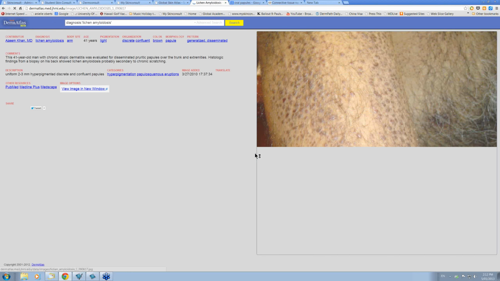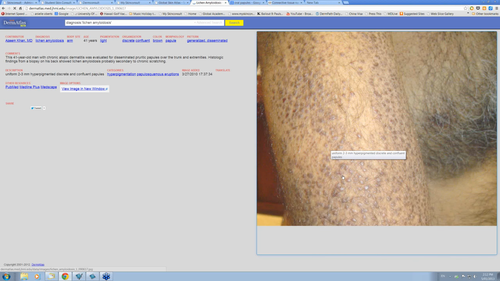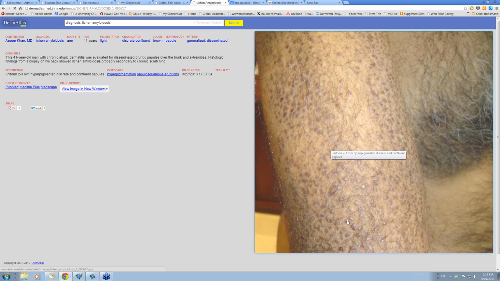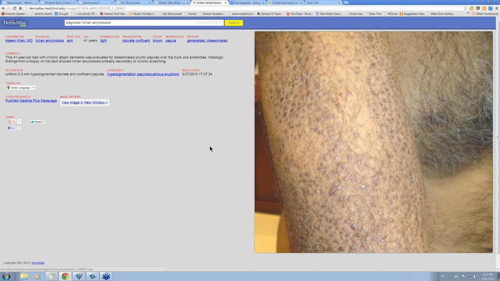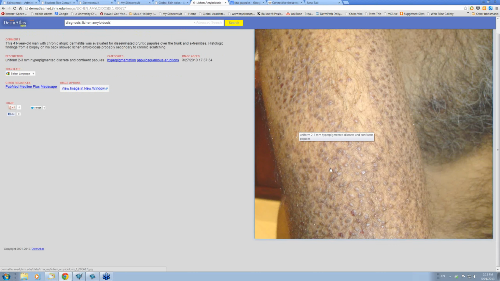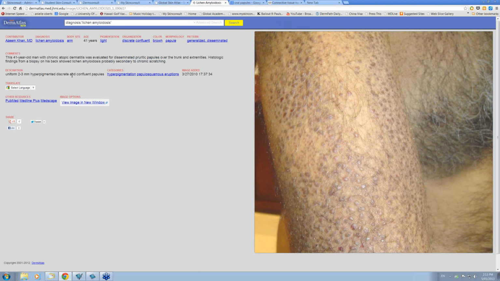You can see how the papules are brown, slightly scaly, quite discrete, and in general they're usually on the lower limbs. Where was this one? Well, the biopsy was done from his back. I'm not sure. I think it looks more like an arm that they're showing these lesions. So, lichen amyloidosis.